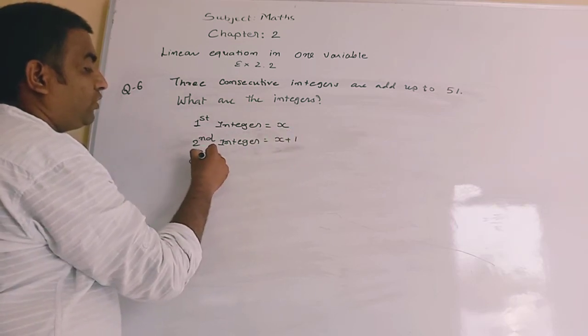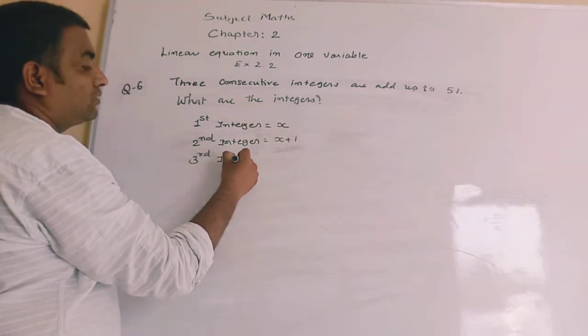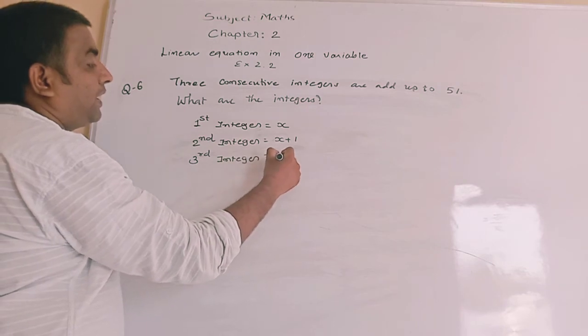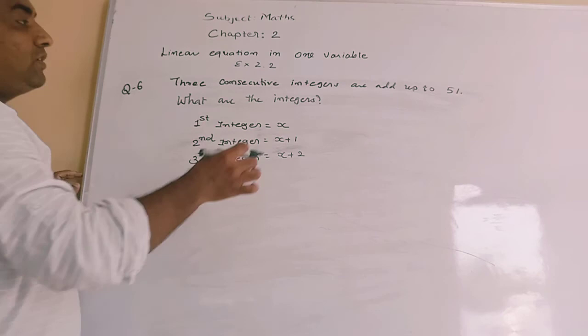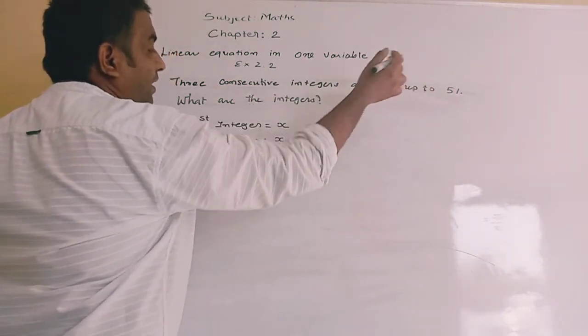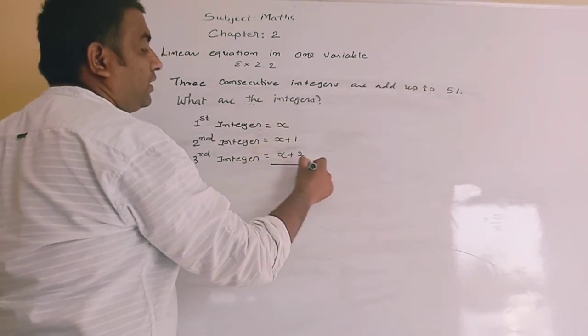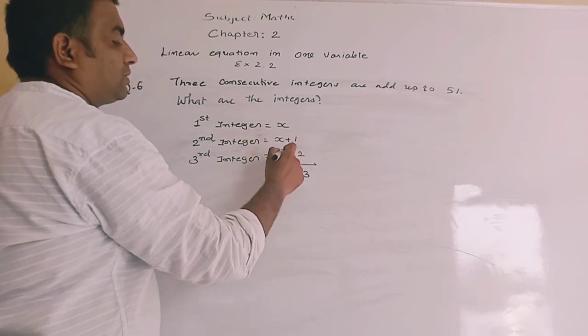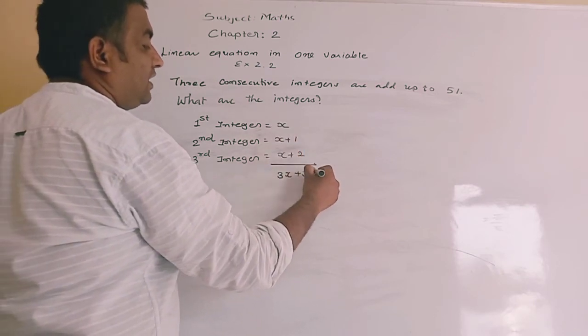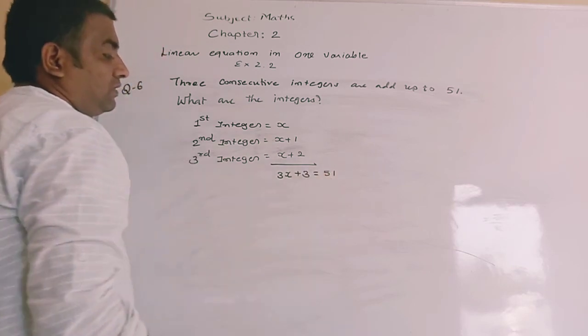And third will be 2 more, so it will be x plus 2. Now here these all three numbers are added up to 51. So we add them. And 1 plus 2, 3, x plus x plus x, 3x equals 51.